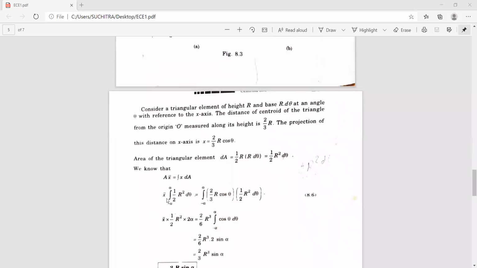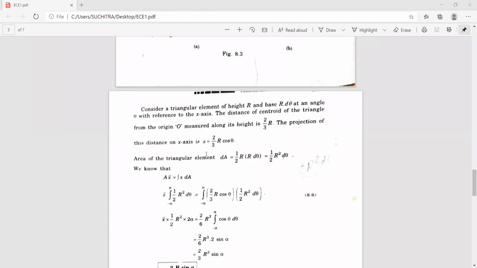So here A is the integral from minus alpha to plus alpha of half r square d theta. You integrate this elemental area with respect to the limits of integration and you get the area of the whole sector.